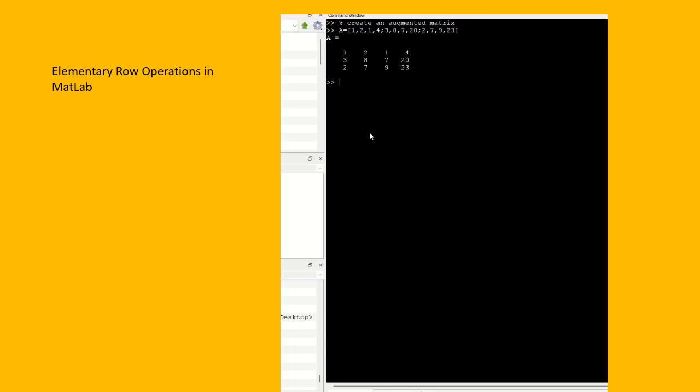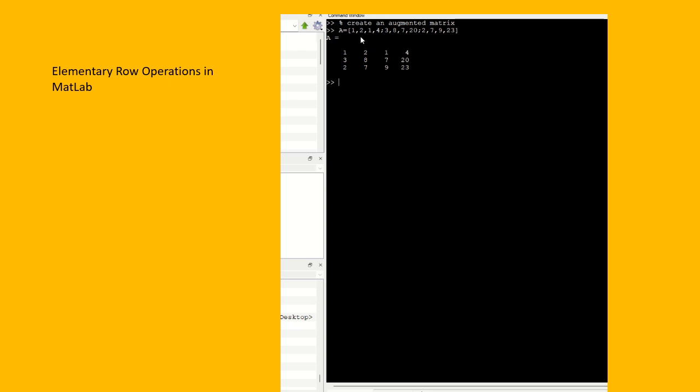Okay, so we're going to first in MATLAB create an augmented matrix for that system of equations. We'll let A be the matrix, and for a matrix we can use these square brackets, and then the first row 1, 2, 1, 4, and then a semicolon. Then the second row 3, 8, 7, 20, and then a semicolon, and then 2, 7, 9, 23.